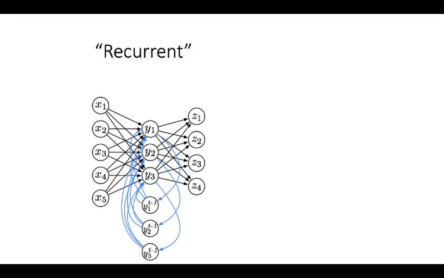Natural language is a sequence. Most likely we deal with sequential data, and the representation of one word usually depends on the previous words.